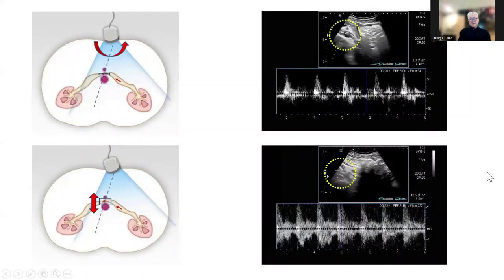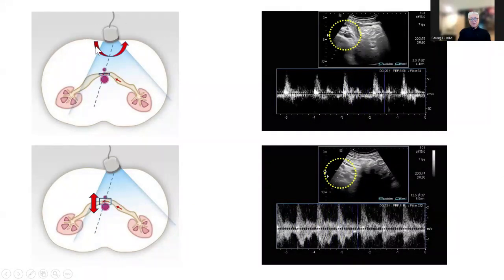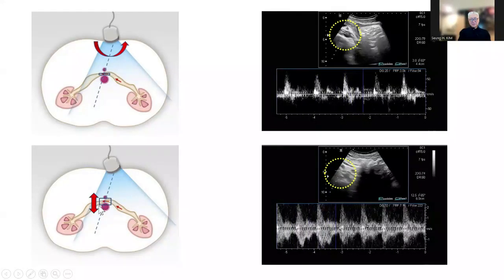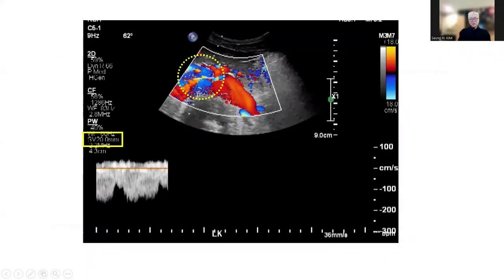The images show how we can get a better Doppler angle. Just rotate the transducer slightly counterclockwise and increase the sample volume. That is the solution.